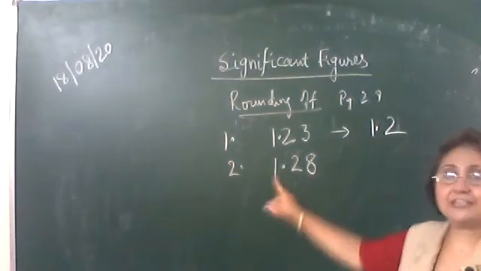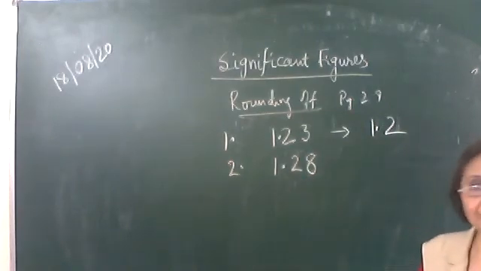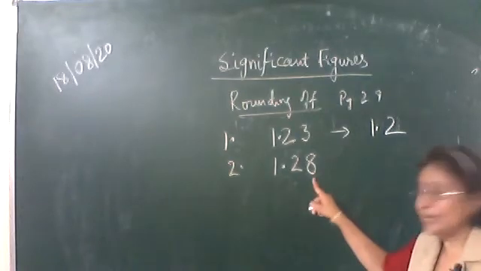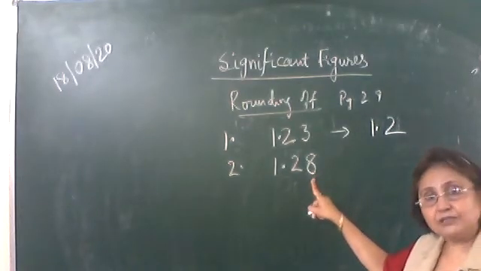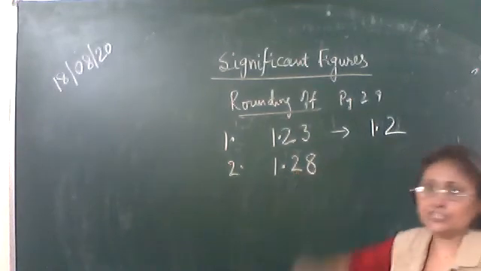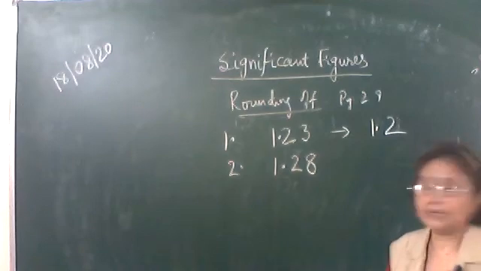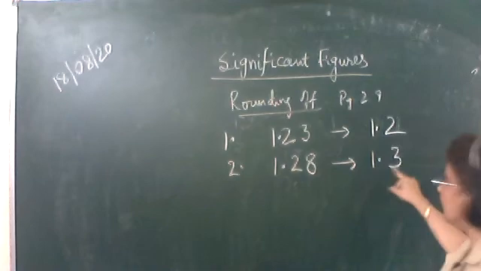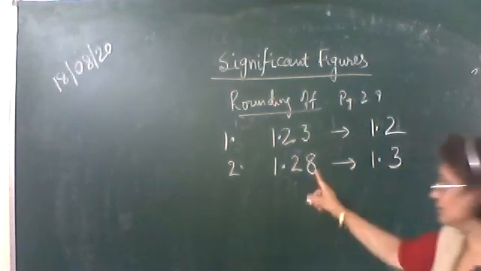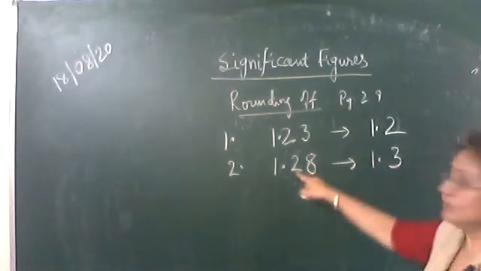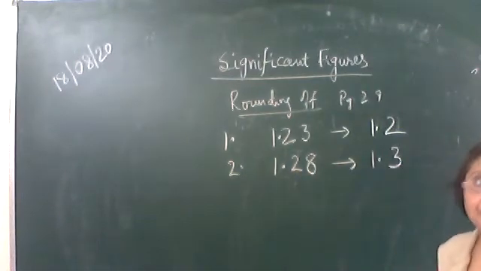Again, we have to express the answer in two significant figures, so we drop the last digit, which is greater than 5. Then the preceding digit will be raised by 1, so in two significant figures we write it as 1.3.